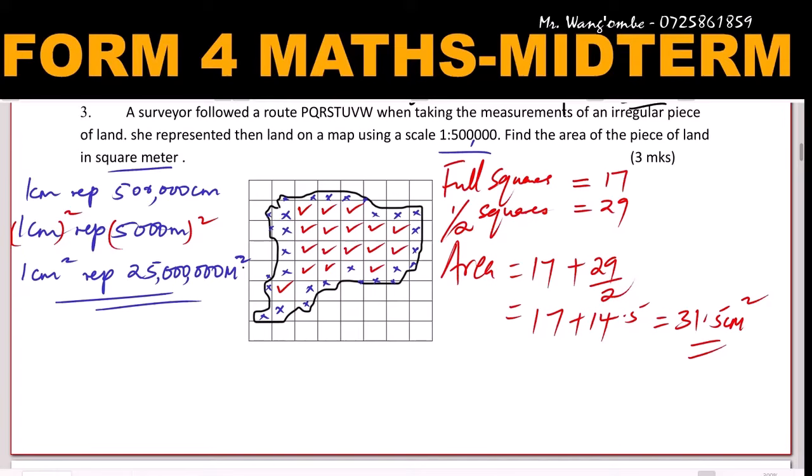Now we need to convert. We come to this side. So 1 centimeter squared represents 25 million meters squared. So what about that 31.5 centimeters squared?